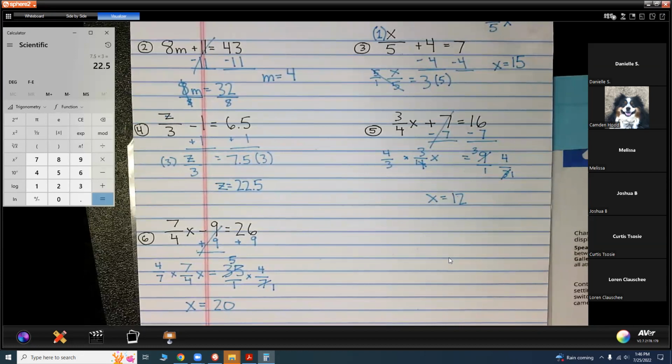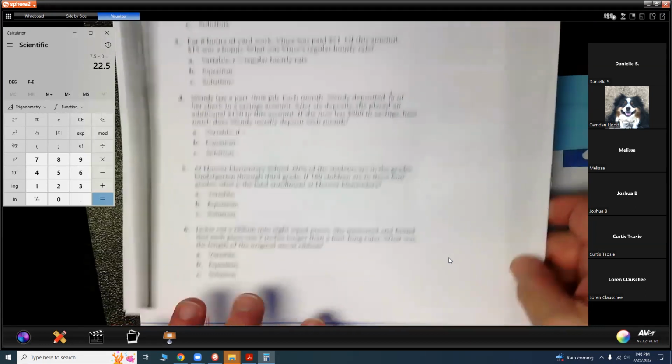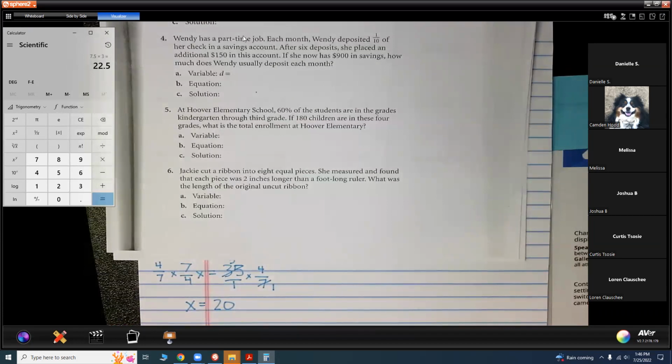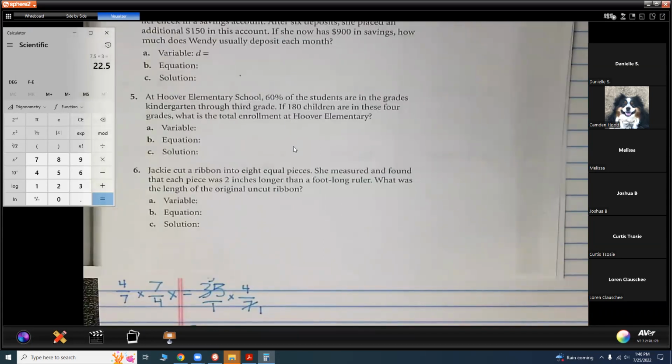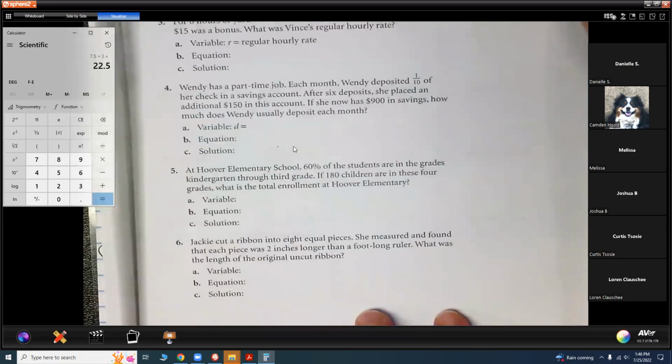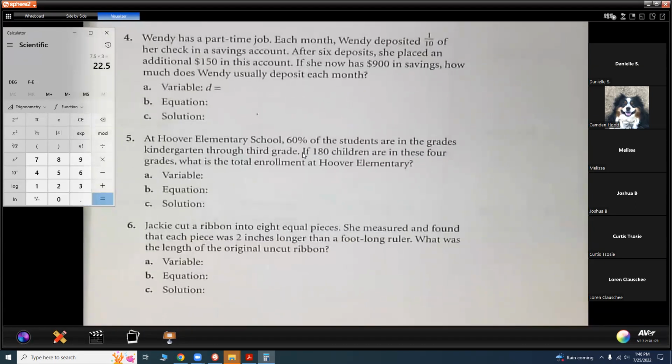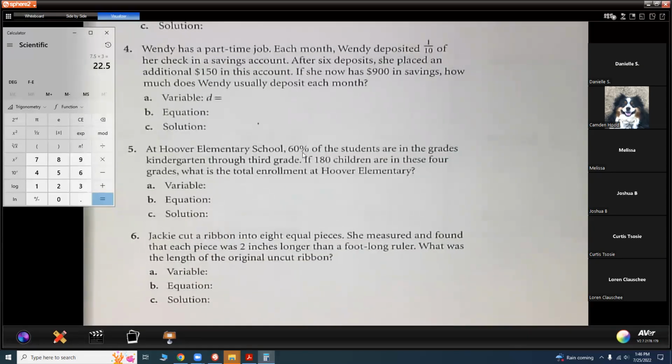All right, a little bit more warm up, just to give you guys a little bit more practice, because this is probably the way that we'll have to deal with two-step equations, as word problems.